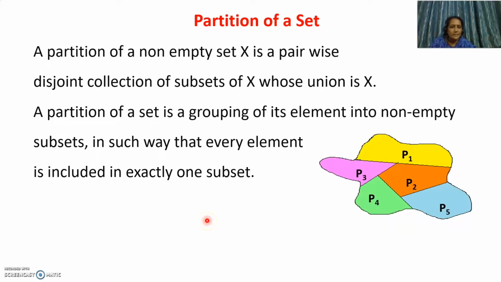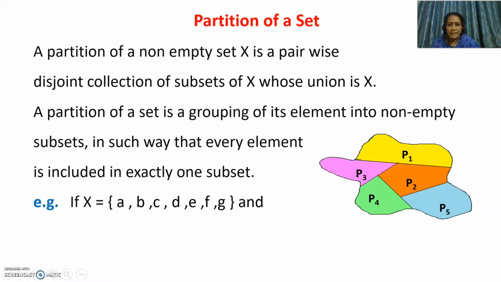Now let us consider P1, P2, P3, P4 and P5 as partitions of some region. Here we see that P1, P2, P3, P4 and P5 have no common region, so the intersection is empty, and if we take the union of them, that is, if we collect all the regions, then we will get set X.